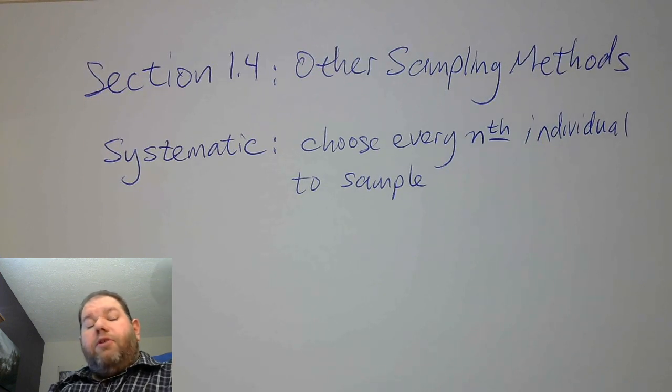When we say we want to choose every nth individual, that might mean that in a class of 30 people, if we want to create a 5-person sample, we might choose every 5th person on the list.